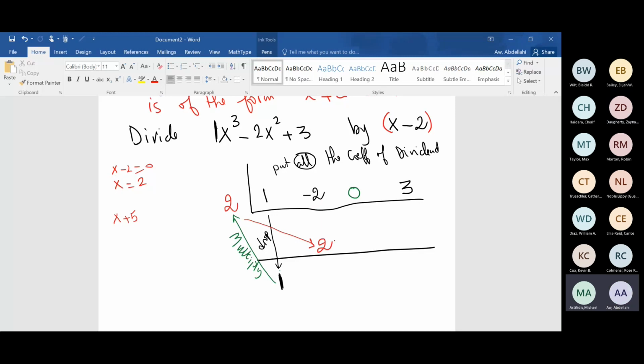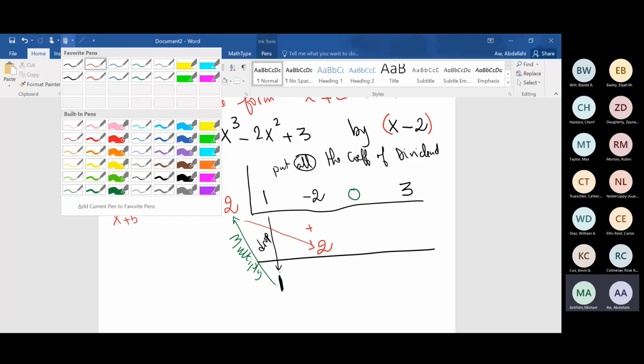And then what you're going to do is add them up. You don't subtract, you add them up. What is -2 plus 2? Let me change this, because this is the first example and I don't want it to be -2.